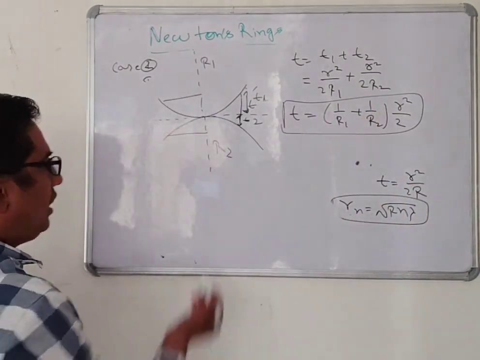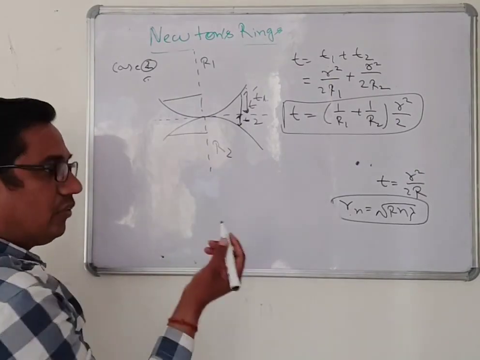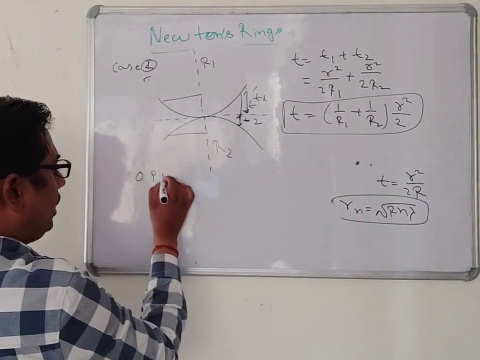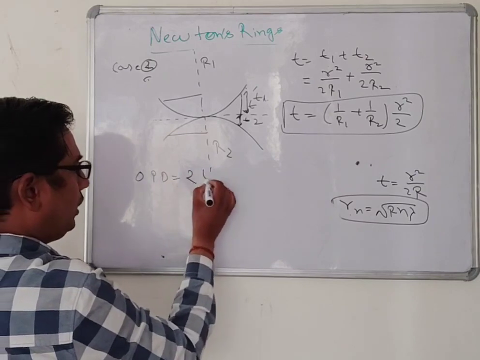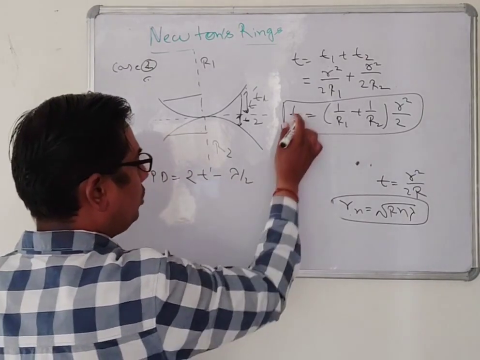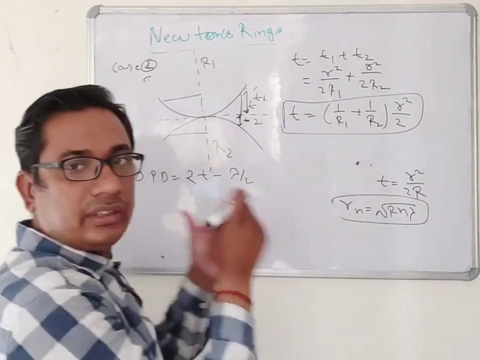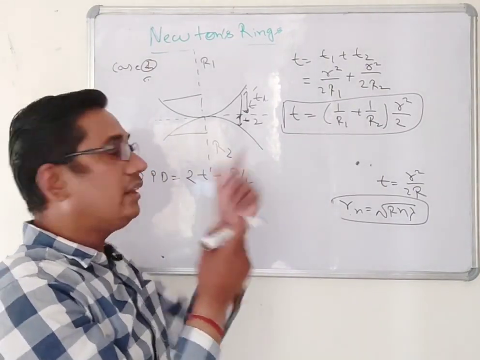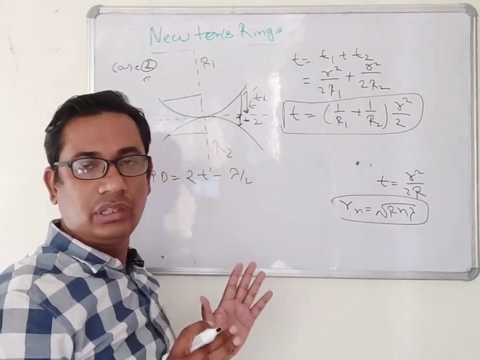You know the path difference in the case of an air film. The optical path difference is 2T minus lambda by 2. Put the value here, and you can calculate the radius of dark and bright fringes.